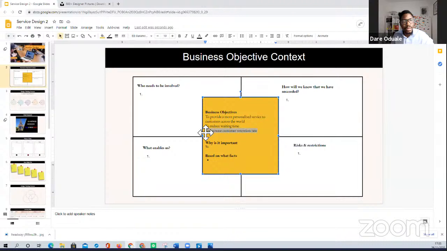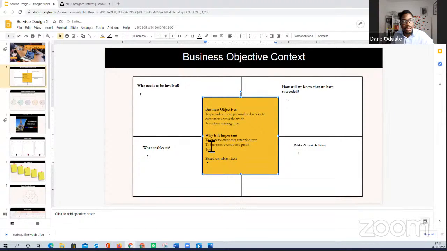So let's do that. Like I said, our answers don't have to be 100% perfect, but to increase customer retention rate, to increase revenue and profit.